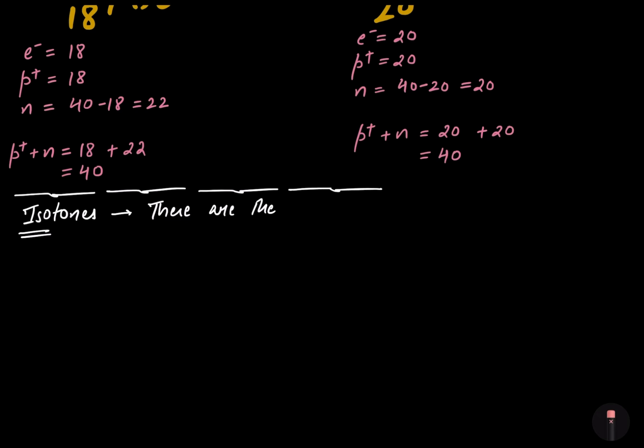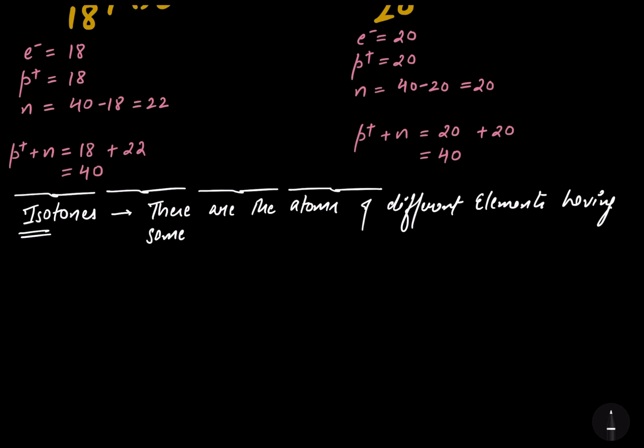Let me write a definition again. What are isotones? These are the atoms of different elements having the same number of neutrons.